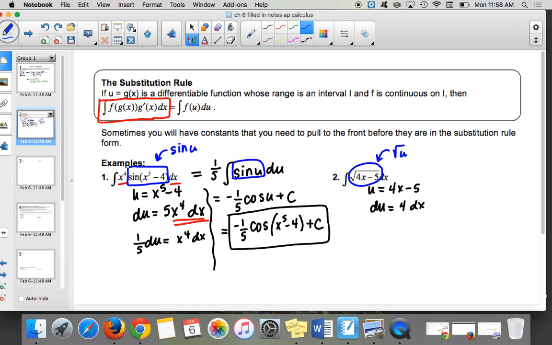So we need to replace the dx with something with du, right? So when we look at what dx is equal to, it's equal to 1/4 du. That's what we're going to replace it with. Does this make sense? So when we do this, we're going to have the integral of the square root of u, and then the dx is replaced with 1/4, which I'll put out front, and then du.